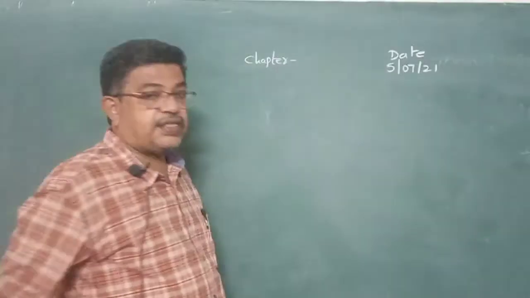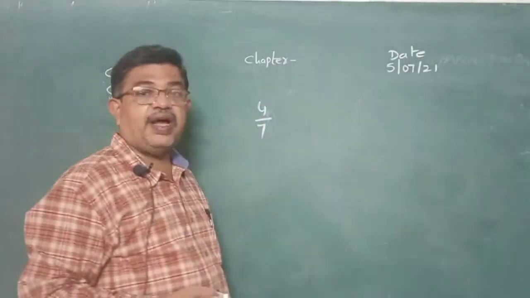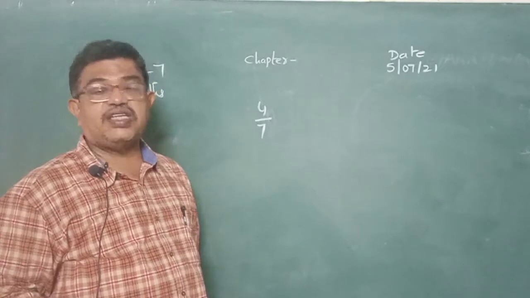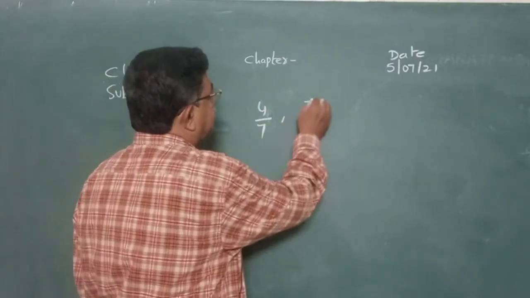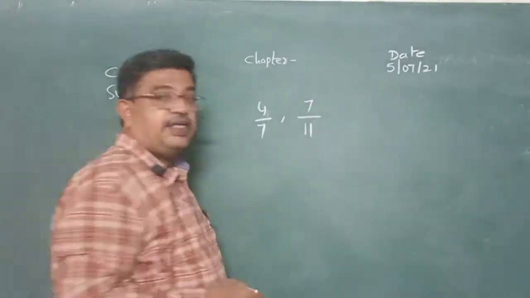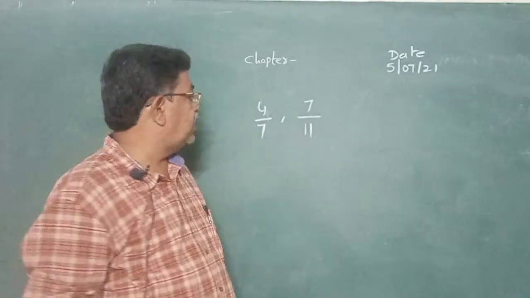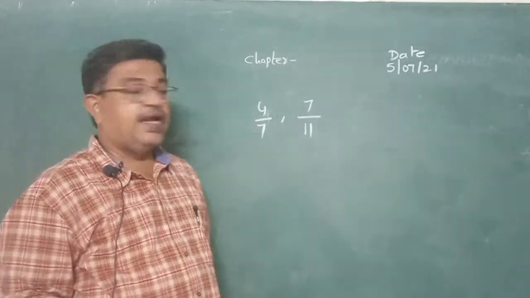We can write many examples for proper fractions. Is 4 by 7 a proper fraction? Yes. Why? 4 is the numerator, 7 is the denominator. 4 is less than 7 or 7 is greater than 4. What about 7 by 11, is it a proper fraction? Yes. 7 is the numerator, 11 is the denominator, 7 is less than 11 or 11 is more than 7, it is a proper fraction.